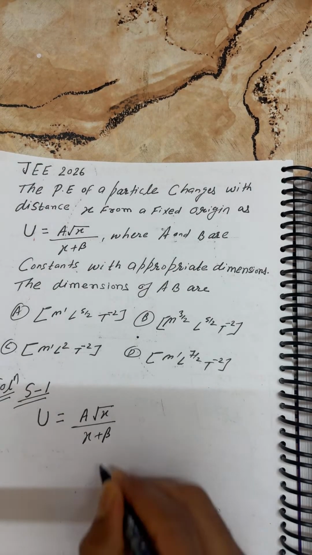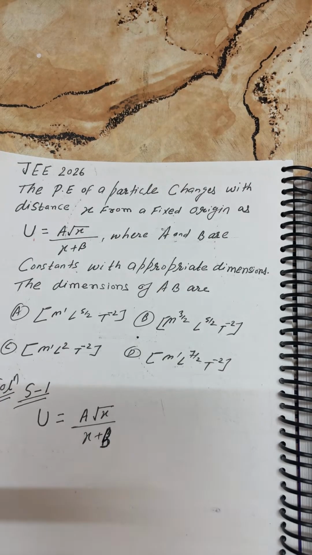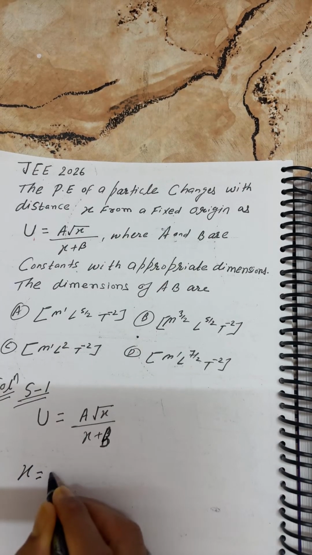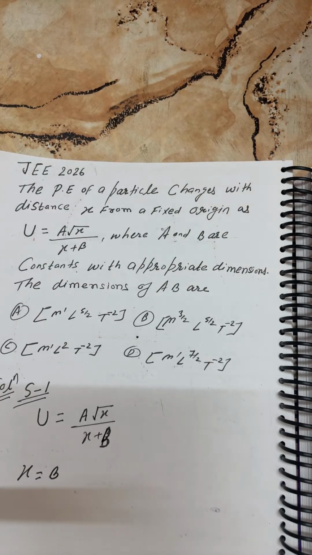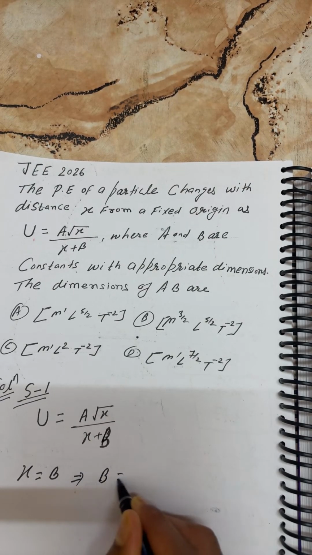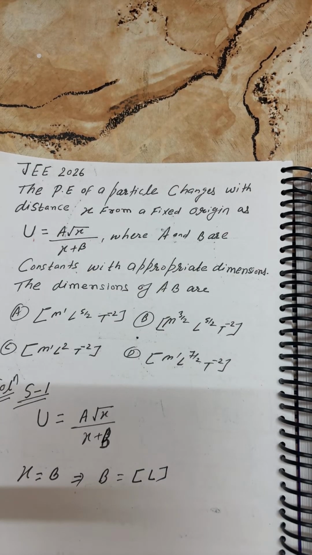Students, it's x plus b. So first you can equate x equal to b, so that you easily get the dimensional formula of b. And x is a length, a distance. So the dimensional formula of b is basically L.